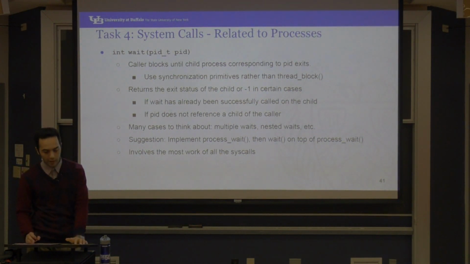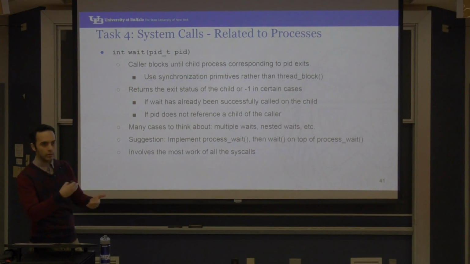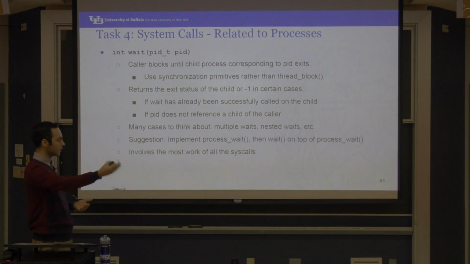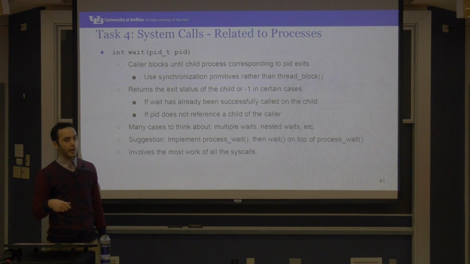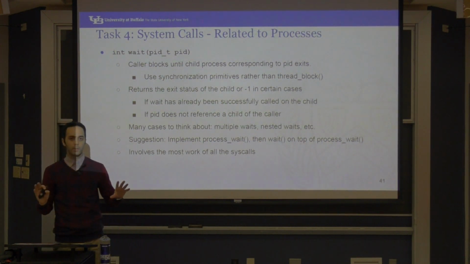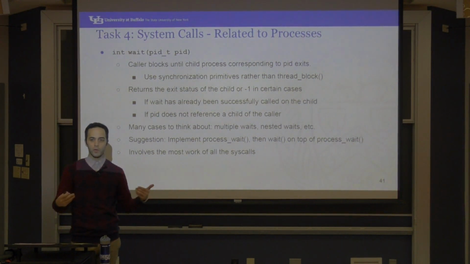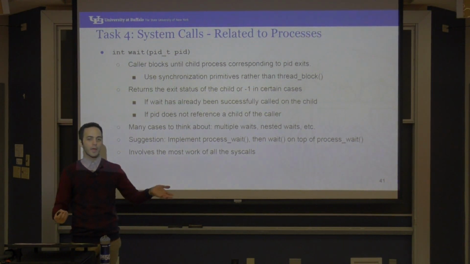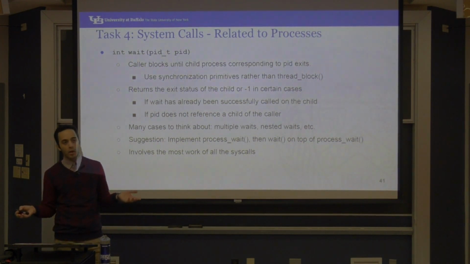So if this parent process calls the wait, you can use the process wait and its synchronization that you have implemented to satisfy that. And the wait itself involves most of the work, again, because of all this parent and child ordering. What if that exits before this? What if it's called wait before that? What happens if that exits and the parent doesn't wait at all?